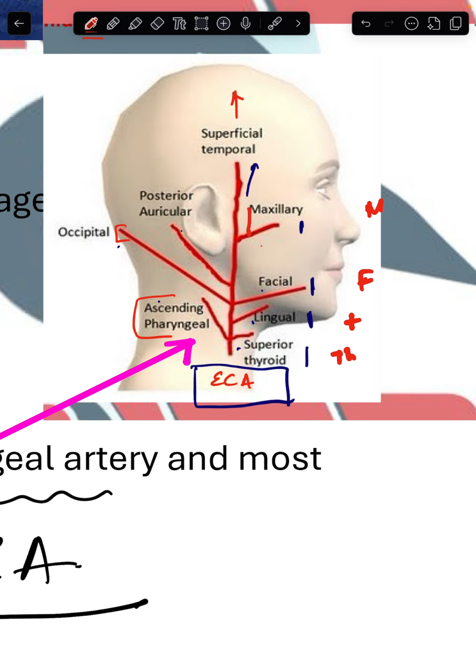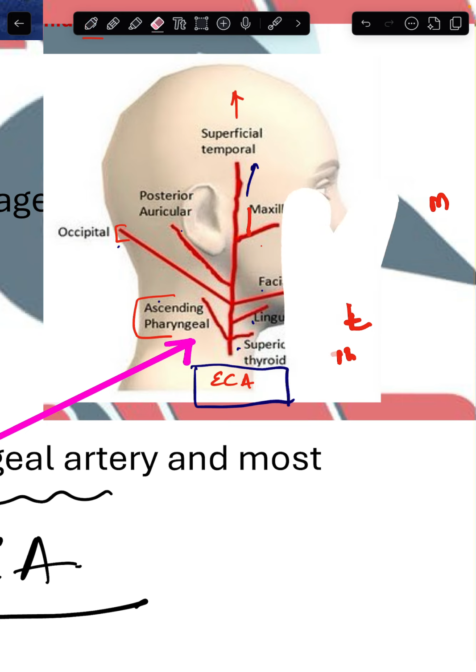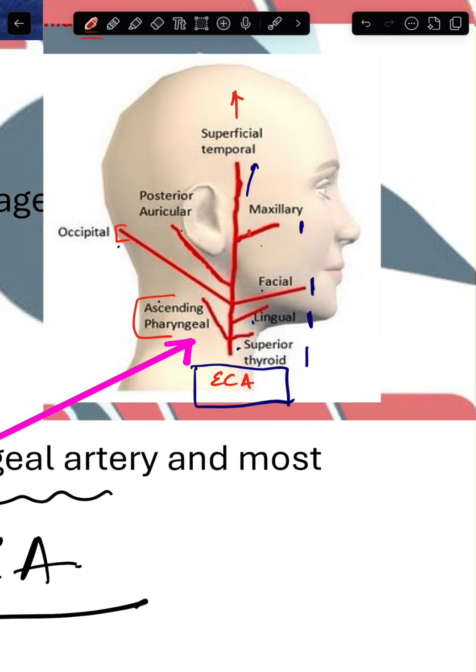So it has to be remembered like this: maxillary, facial, lingual, thyroid, MFLT. You have to remember it is going towards the face.